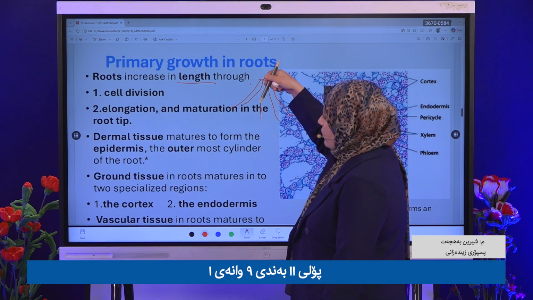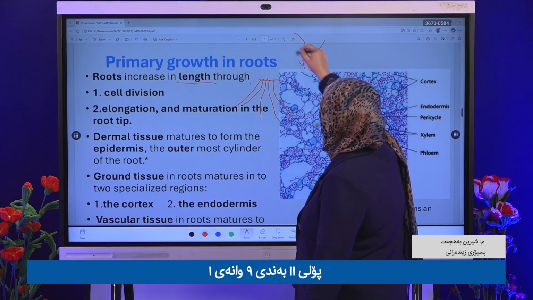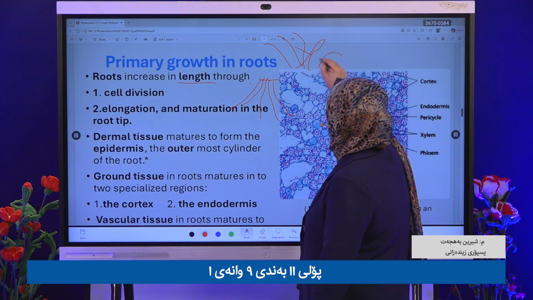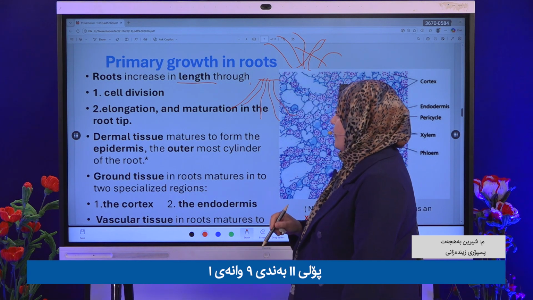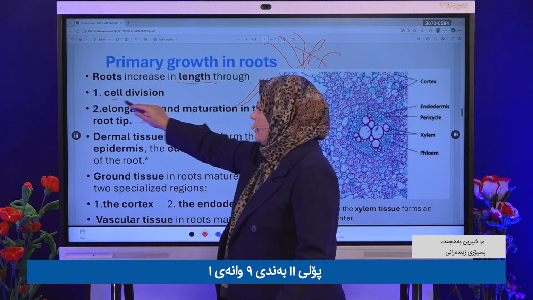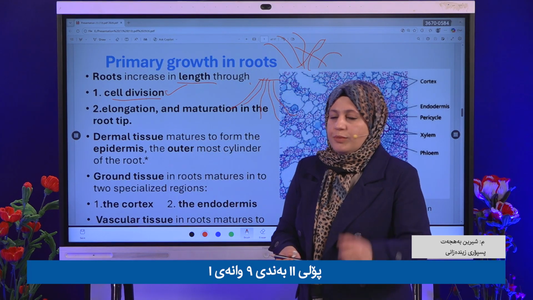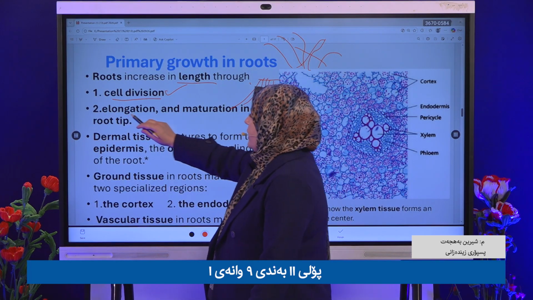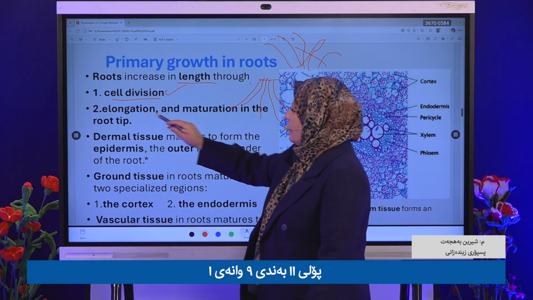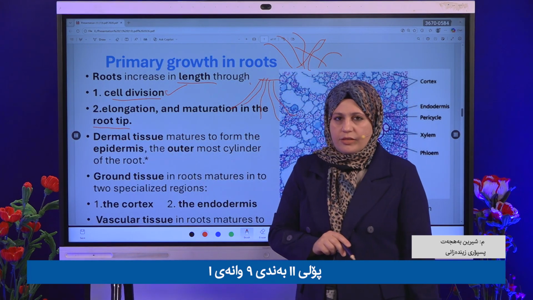Lancet. Does root grow like this shape? Of course not. It is lancet, starting to lengthen through cell division in the apical meristem, and then elongation and maturation in the root tips.